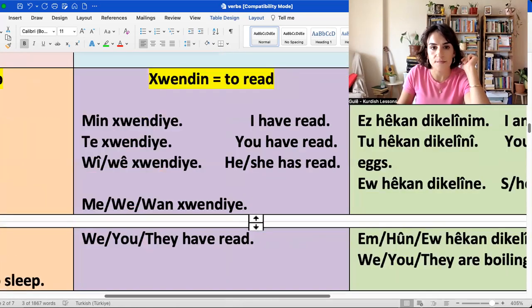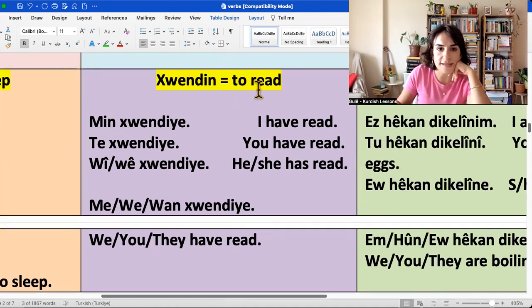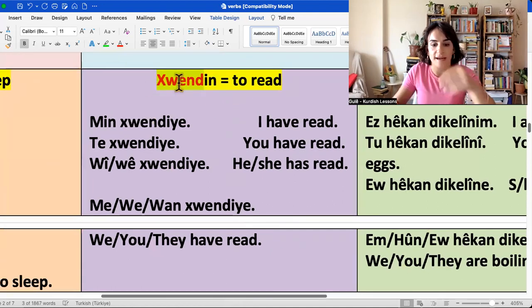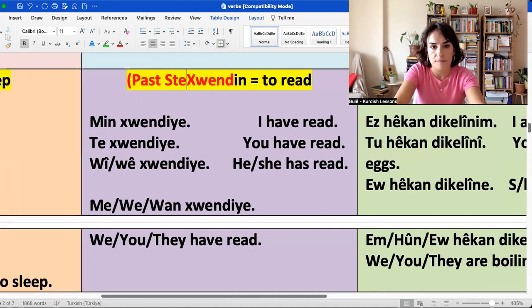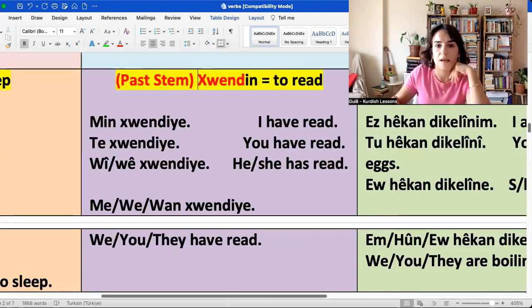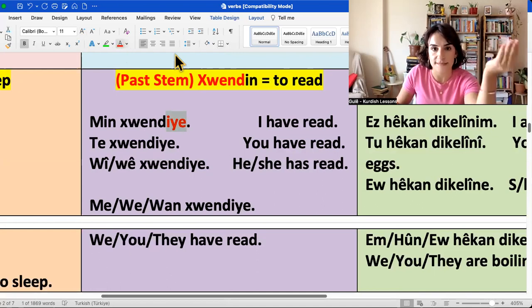And fanden, it's to read. Fund is the past stem. Let me write it down. Past stem. So, min fandiya is perfect, present perfect. I have read, min fandiya. تخوندية, you have read. We were خوندية.